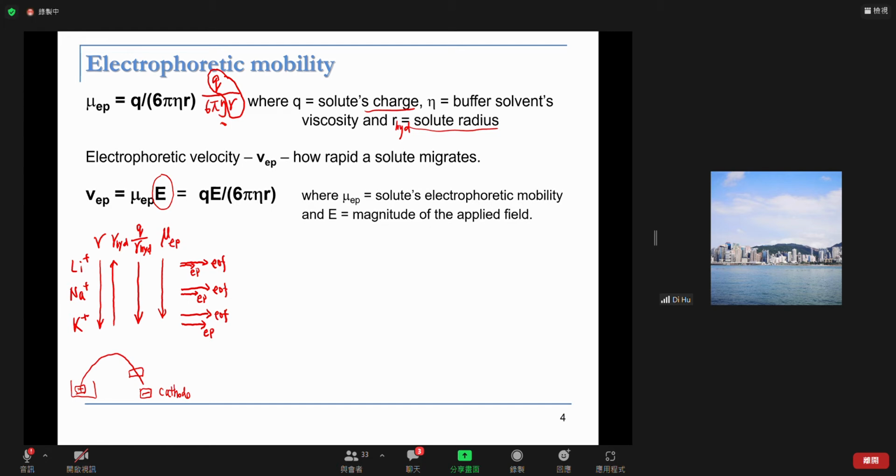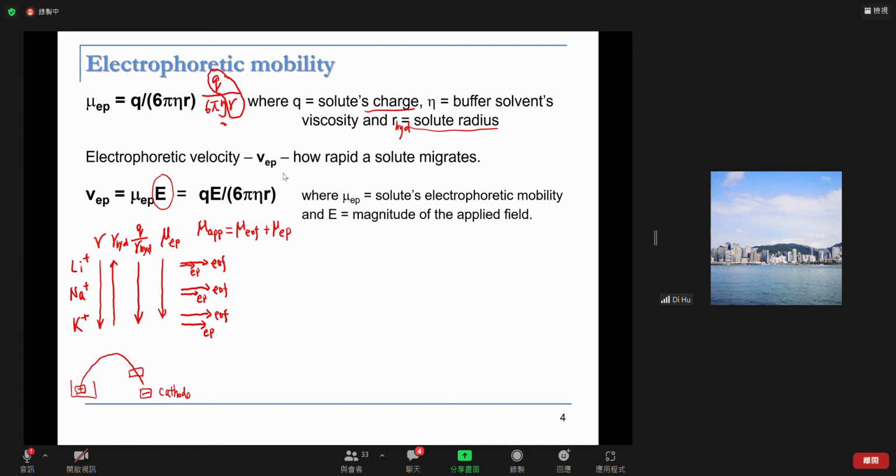Okay, so how about the overall mobility? Can anyone tell me? The overall mobility, we say apparent mobility, which equals mu EOF plus mu EP. And obviously, which one is the largest one? Of course, potassium, right?